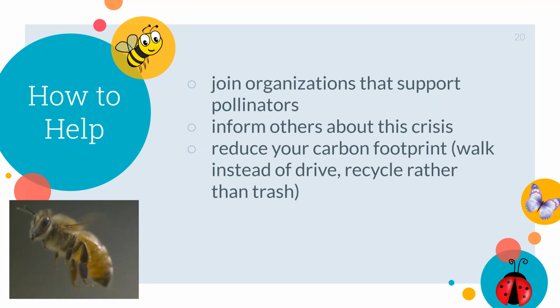And you should also make sure to reduce your carbon footprint. For example, you should maybe walk instead of driving, or use your bikes, or you can recycle rather than throw something in the trash. And this just helps with reducing the impacts of climate change, which is one of the things that bees suffer from. Next slide, please.